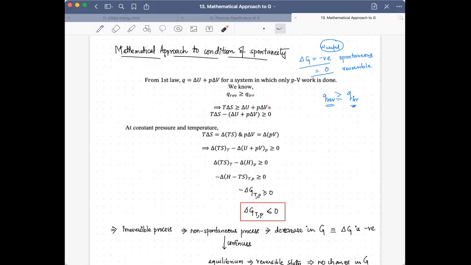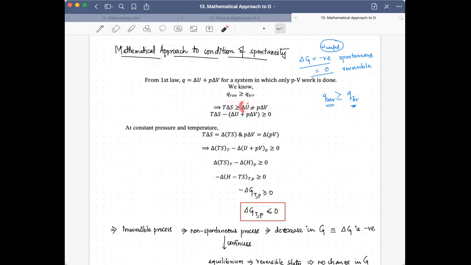That is why I have used both signs together, so that we can simultaneously obtain the condition for reversibility as well as irreversibility. So we start with this inequality: Q reversible is greater than or equal to Q irreversible. Now Q reversible from the second law we know is equal to T delta S, and Q irreversible we can write in terms of the first law, which is delta U plus P delta V.